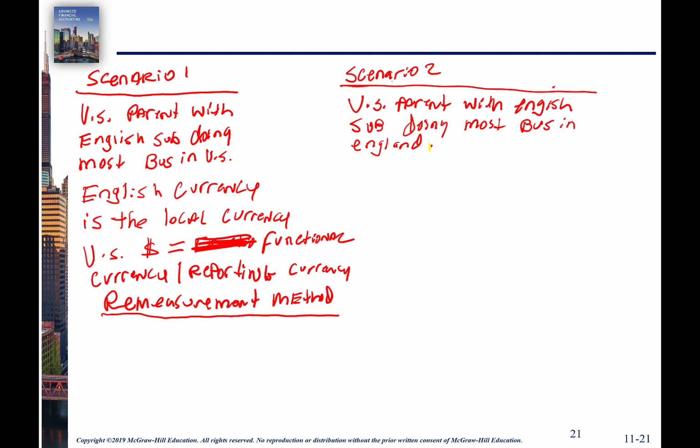Well, now probably you've got the U.S. parent who really had limited involvement with this English company. It was doing most of its business in England, let's say, minding its own business. And the U.S. parent looked and said, that looks like a nice investment for us.